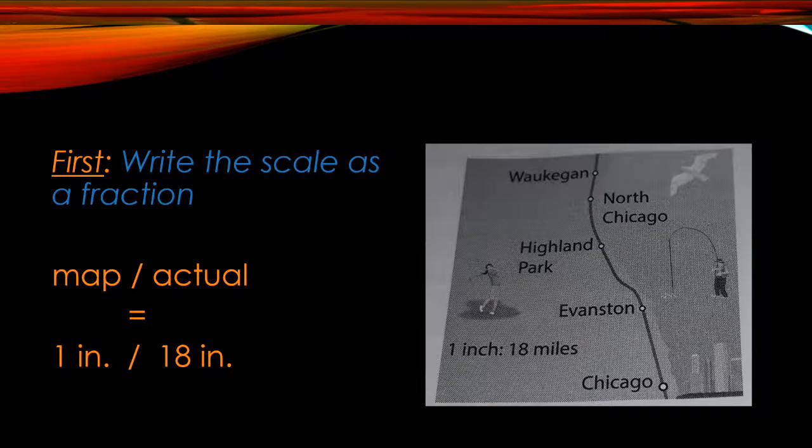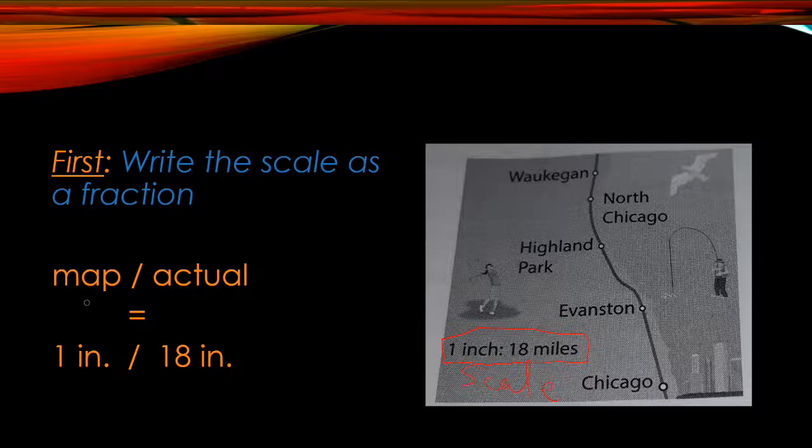As you see, the map contains this part, which is the scale of the map, the scale with which the map is drawn. The scale says that every 1 inch on the map represents 18 miles in the real distance. So first, we write the scale as a fraction.